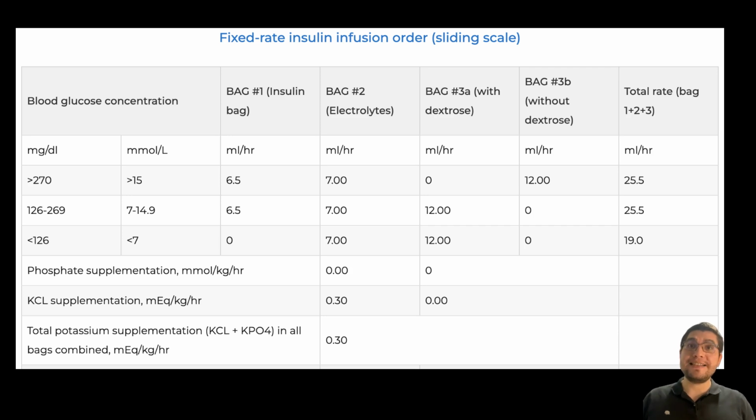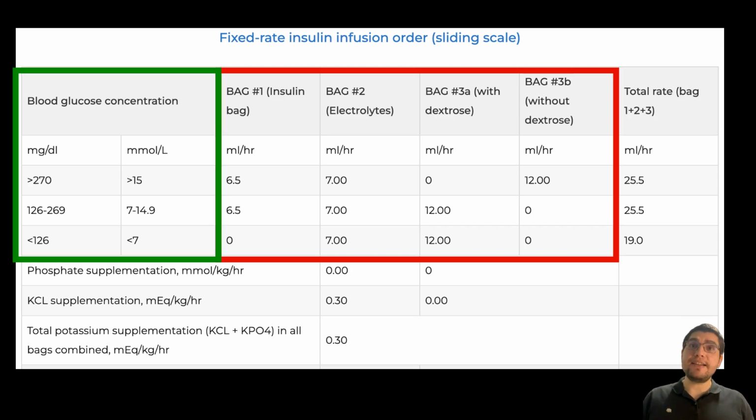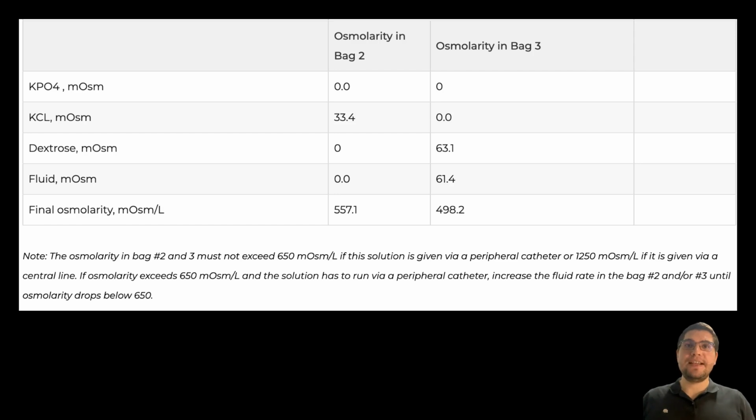Additionally, it generates a convenient table with precise fluid rates for each bag, adjusted according to blood glucose levels, which should be monitored every 1 to 2 hours in patients with diabetic ketoacidosis or hyperosmolar hyperglycemic state. It also calculates the final osmolarity for bag 2 and 3, where electrolytes and dextrose may be added, ensuring safe administration.